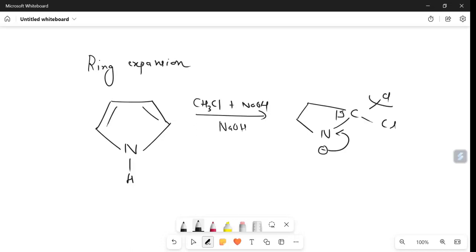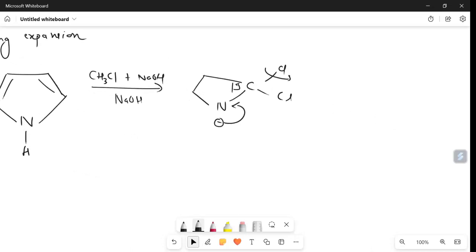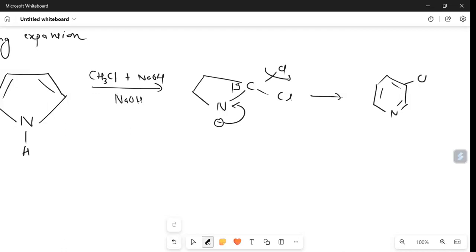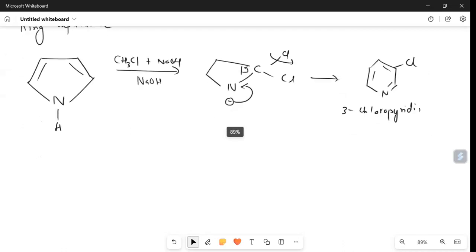So the Cl will be gone, and it will form the product 3-chloropyridine by using the ring expansion method.